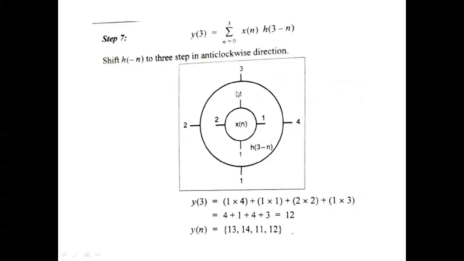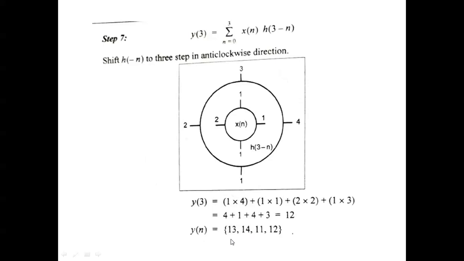Then for y of 3, we shift three times anti-clockwise, multiply and add, and you get y of 3. We know N is equal to 4, so the index runs from 0 to 3. So we find y of 0, y of 1, y of 2, and y of 3.